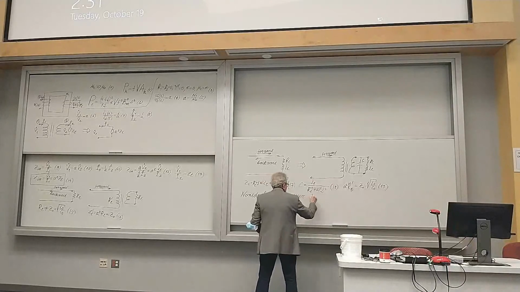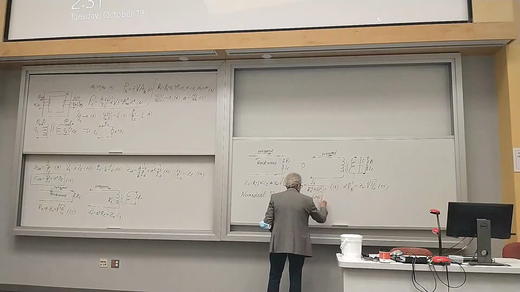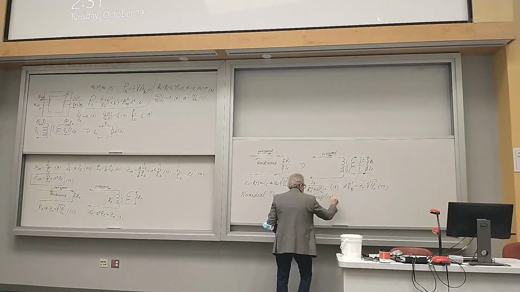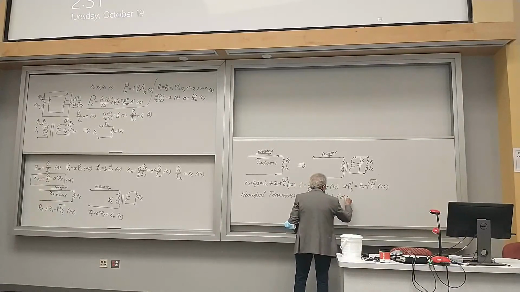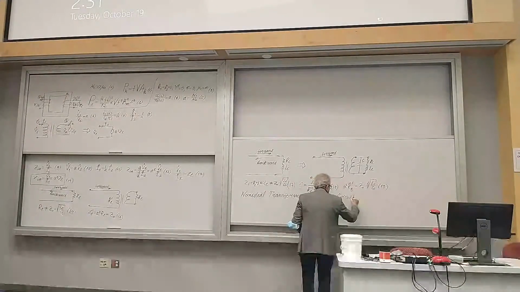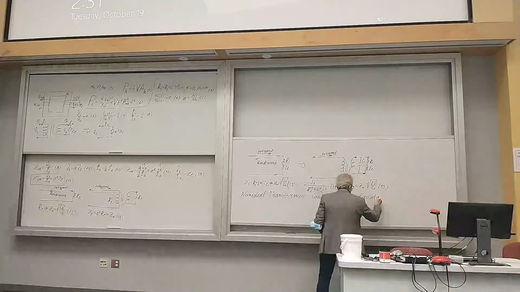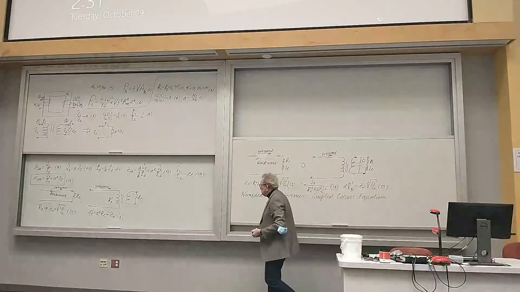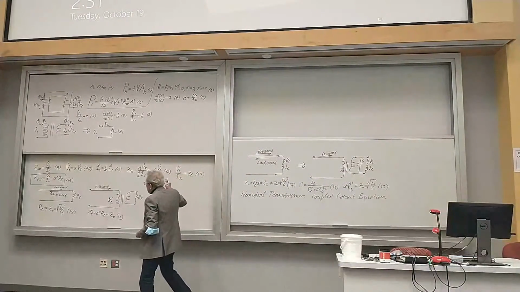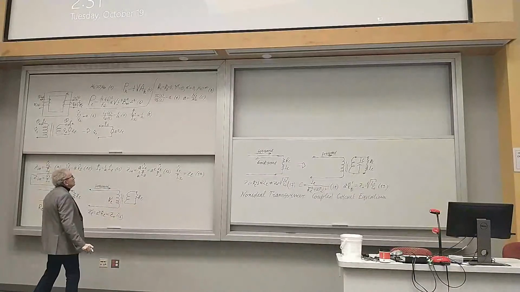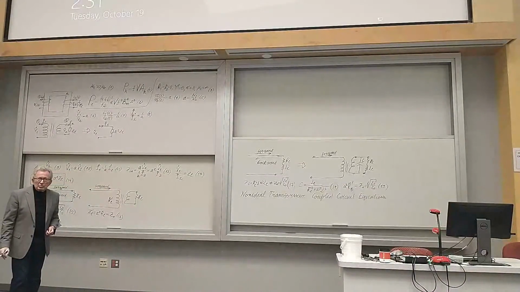It will be based on the coupled circuit equations. So these were the assumptions; this is formula 3 for the ideal transformer.